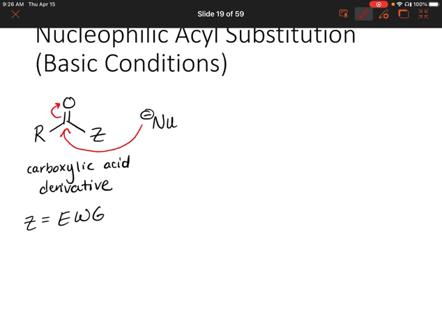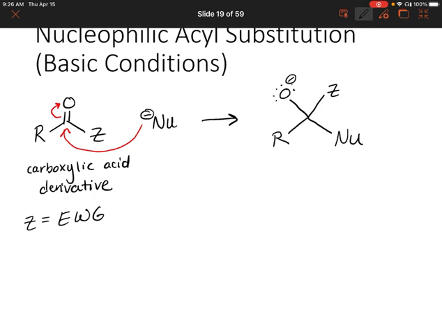So once that nucleophile attacks, electrons are going to move up to oxygen, and we're going to create a tetrahedral intermediate. So our oxygen atom is negatively charged. We have that electron withdrawing group Z. We have our alkyl group and our nucleophile that just added into the carbonyl carbon there.